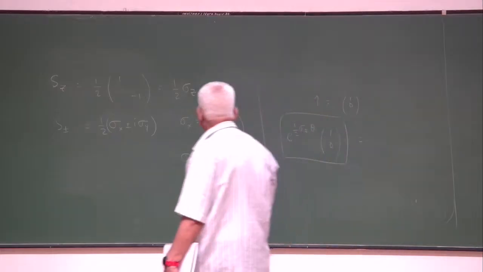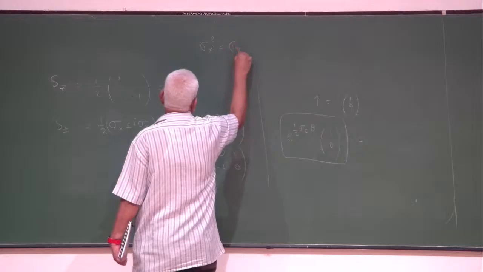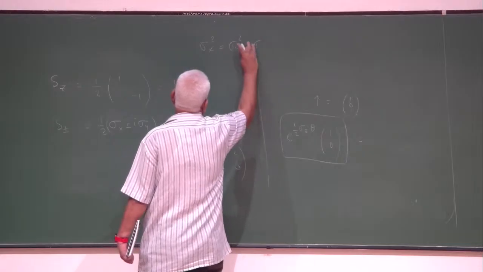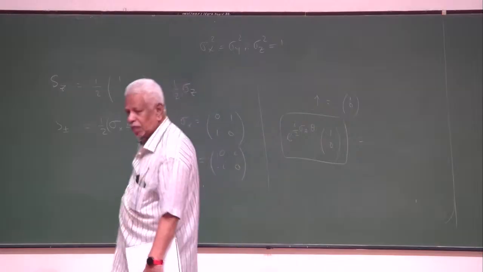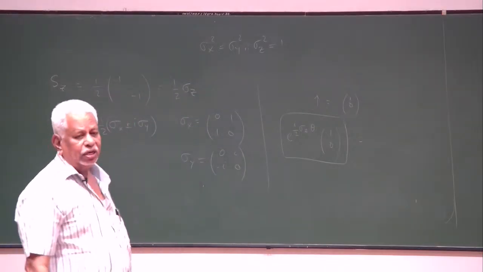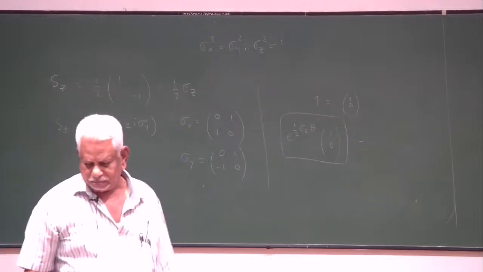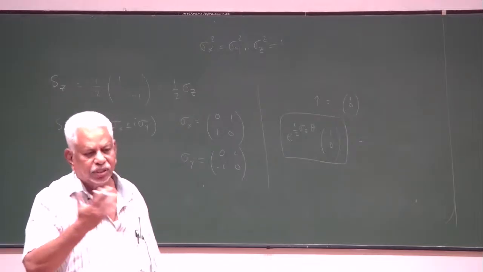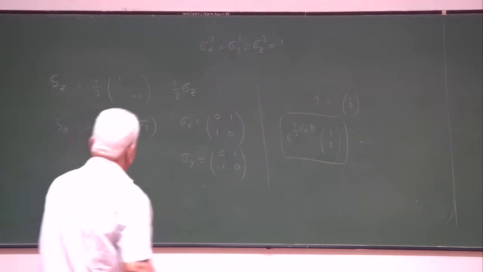The interesting thing is sigma x square, sigma y square and sigma z square are each equal to the identity matrix. You can easily work it out. You can even find out the algebra of sigma matrices, using the factor of half. Remember half. That is the way you should work it out.